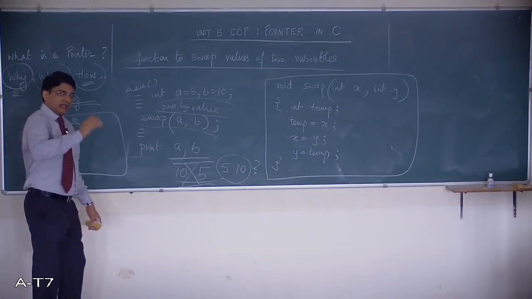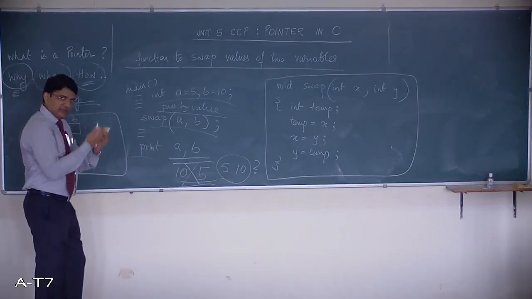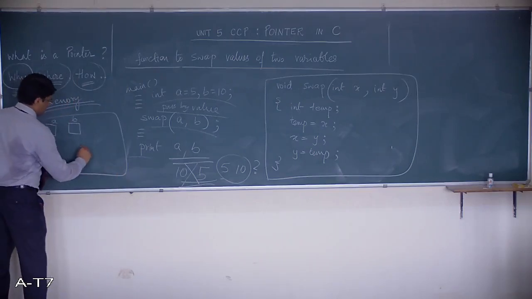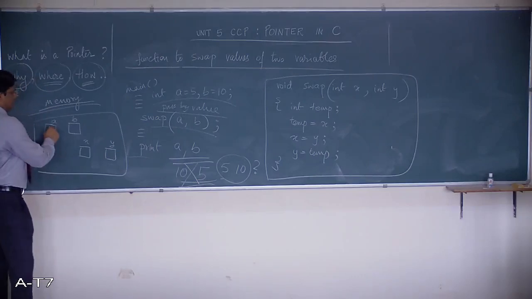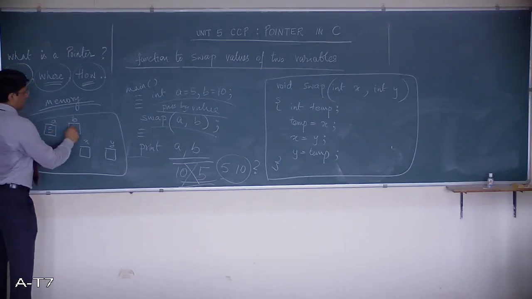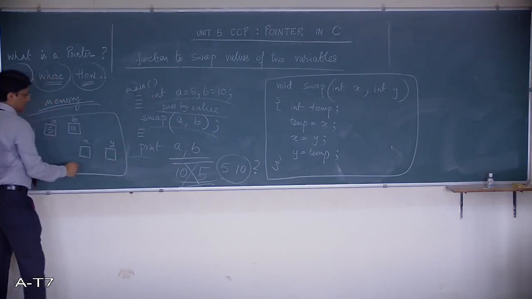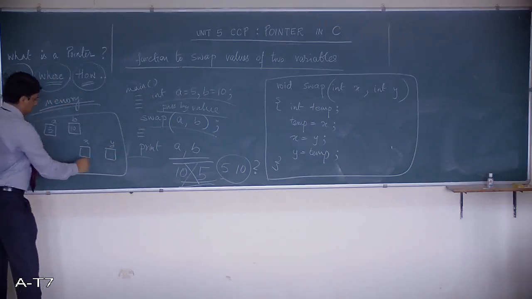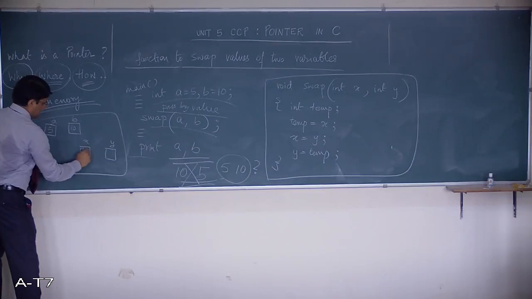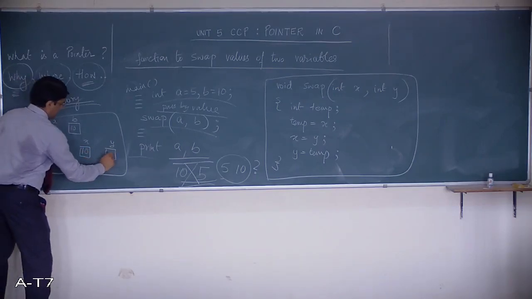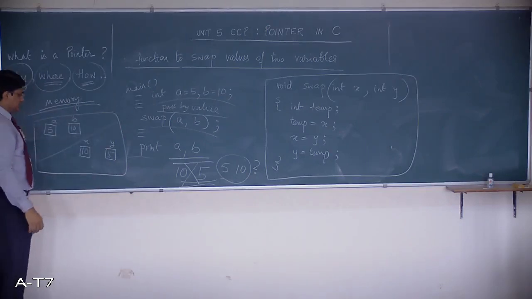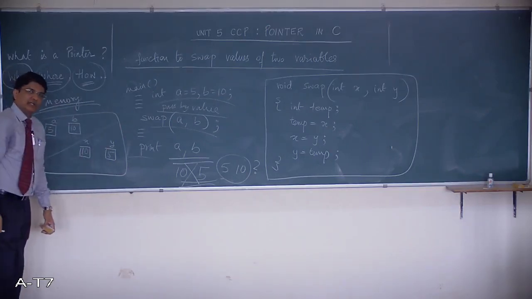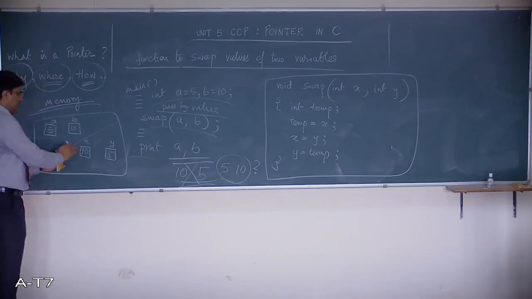You're passing two simple variables A and B. The value of A and the value of B travels, received into X and Y. So if this was 5, this was 10 originally, and there the exchange happened. This got 10 and this got 5.